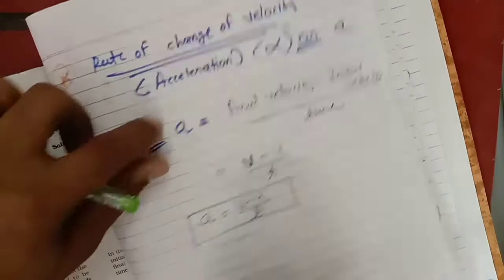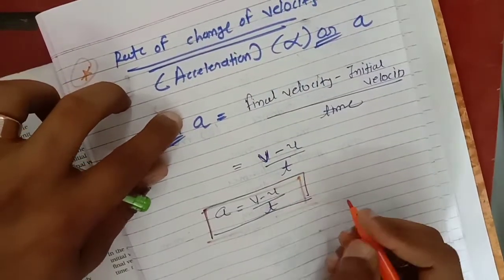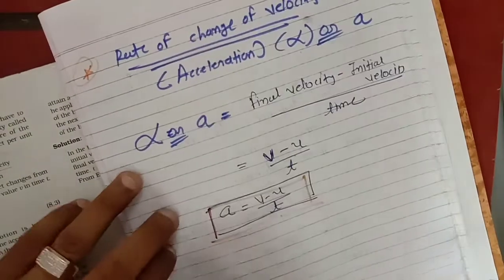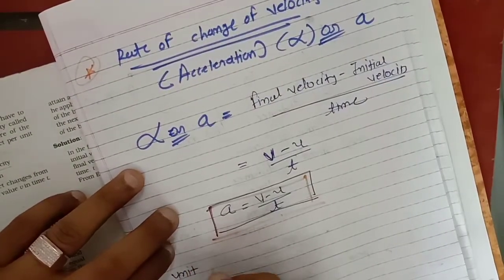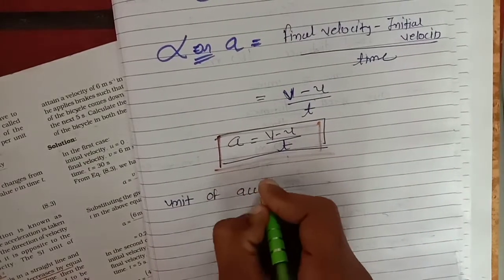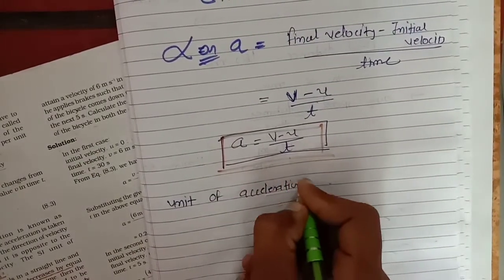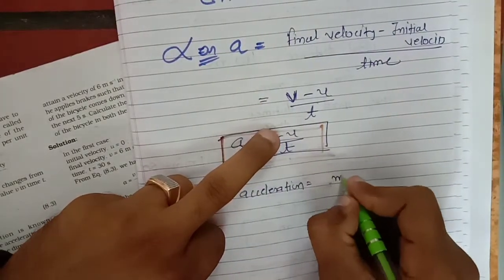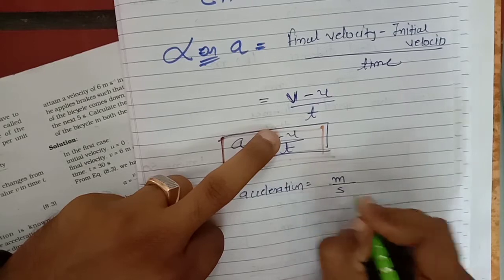This is the formula for acceleration. And what about the unit of acceleration? What is the unit of velocity? Meter per second.